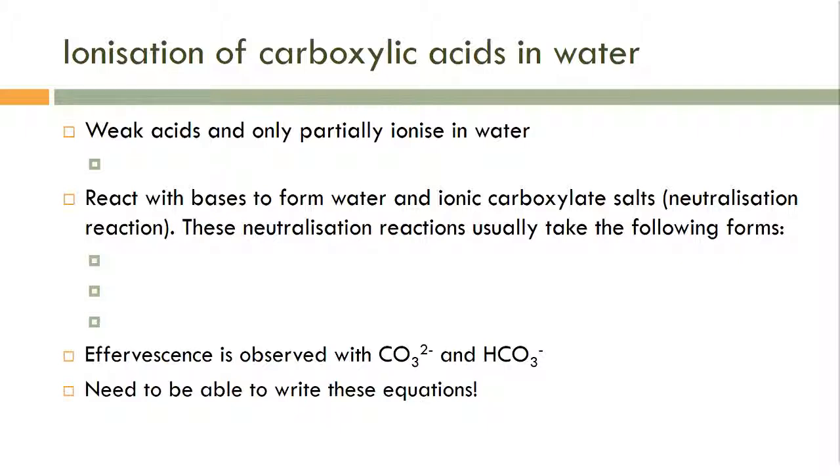If it only partially ionizes in water, okay, what sort of thing do you need to know again? I'll change the question. What sort of arrow should you use to indicate that an acid is weak? Good, good. If an acid only partially ionizes, you have to use a two-way arrow.